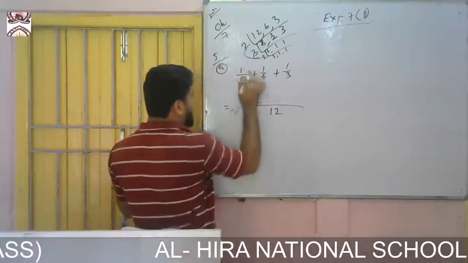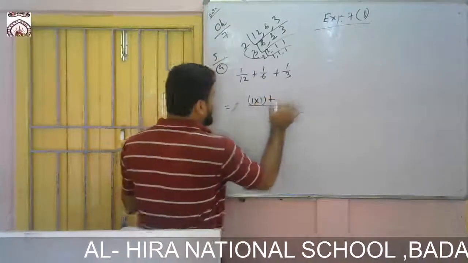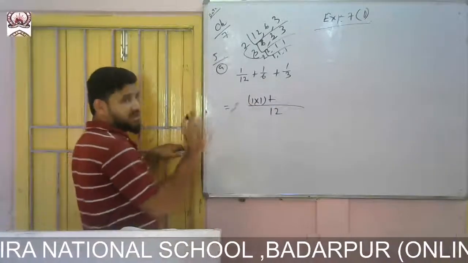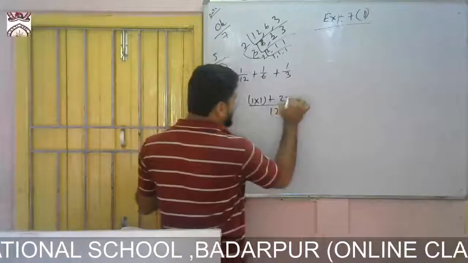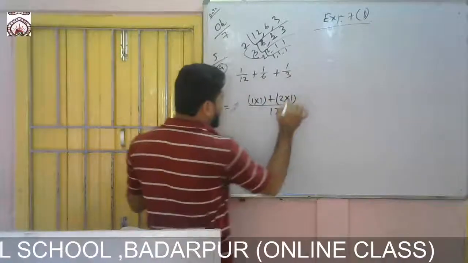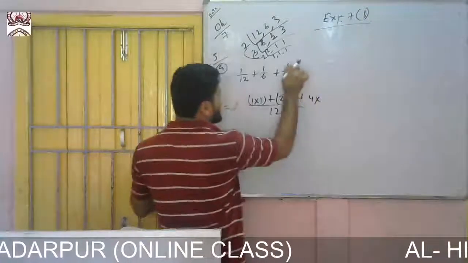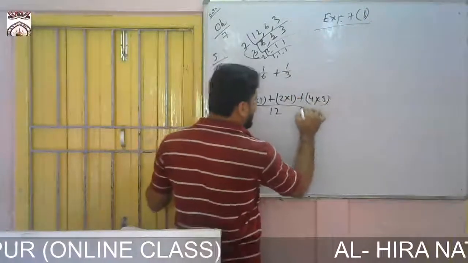So 1 into the numerator 1. Plus 12 divided by 6, it is 2, 6 2s are 12. So 2 into this numerator. Plus 12 divided by 3, 3 4s are 12. So 4 into this numerator, whatever will be there in the numerator.